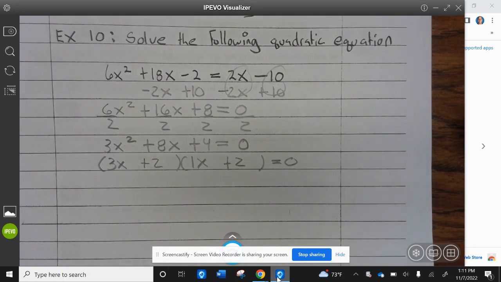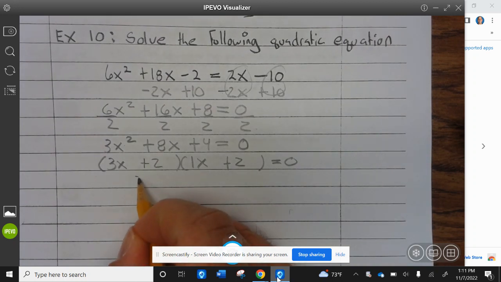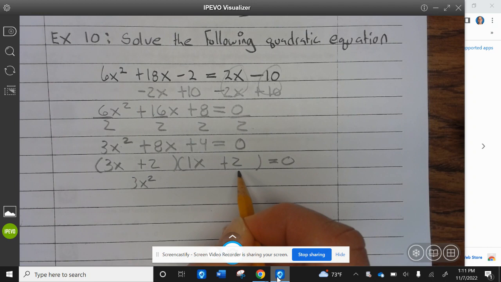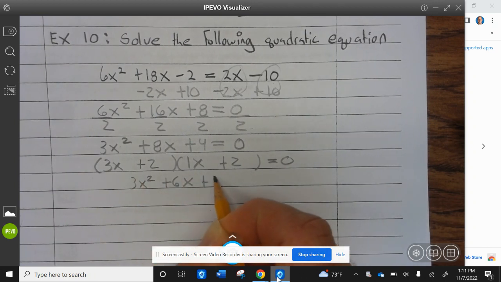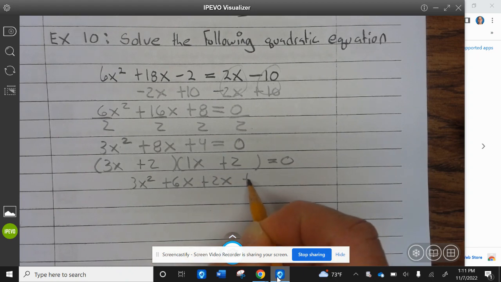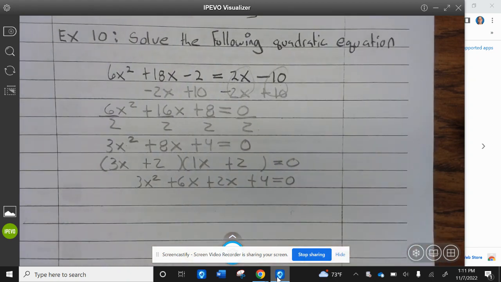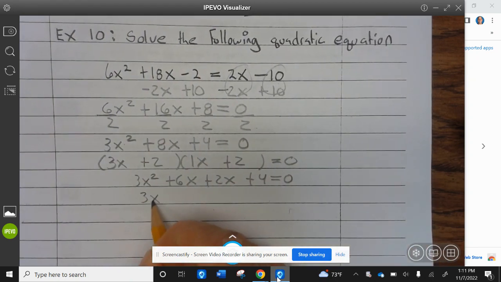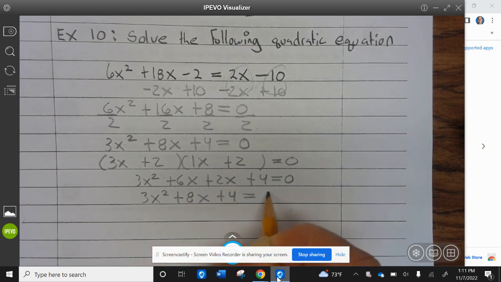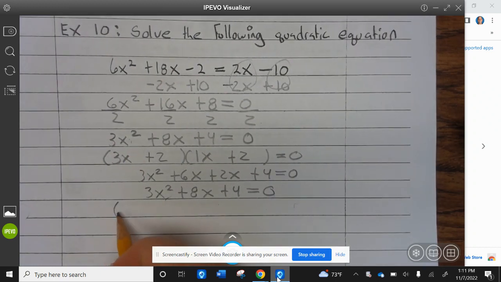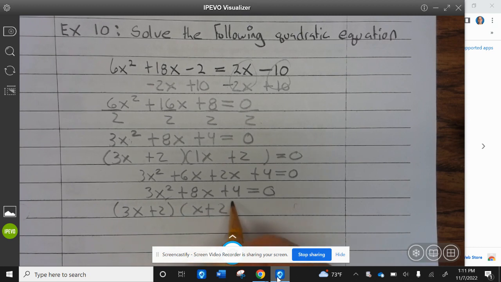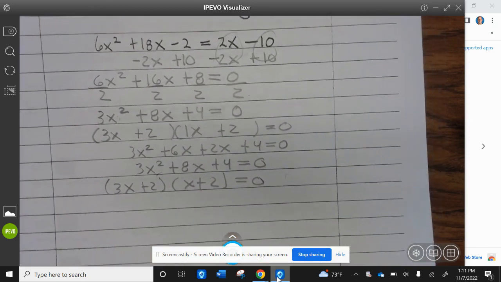Okay, so let's make sure this works. 3x times 1 is 3x squared. 3x times 2 is plus 6x. 2 times 1 is plus 2x. 2 times 2 is plus 4 equal to 0. So that's 3x squared plus 8x plus 4 equal to 0. This matches that, so that means that (3x plus 2)(x plus 2) equals 0 is correct.